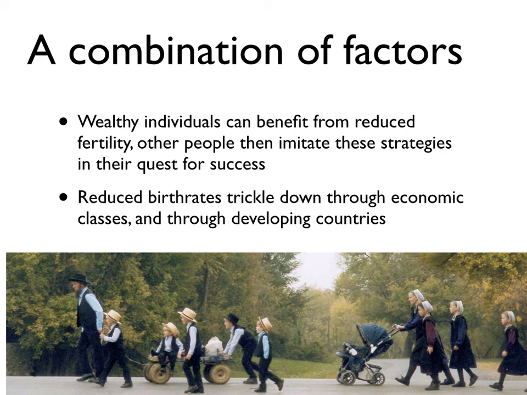In the meantime, society is changing, child-rearing patterns are changing, you're getting other cultural cues from non-kin as well. So we can see this reduced birth rates trickle down through economic classes, and we also see it trickling down through developing countries. So it's most likely a combination of this quantity-quality trade-off in some individuals, and then a cultural inheritance of the strategy by others.